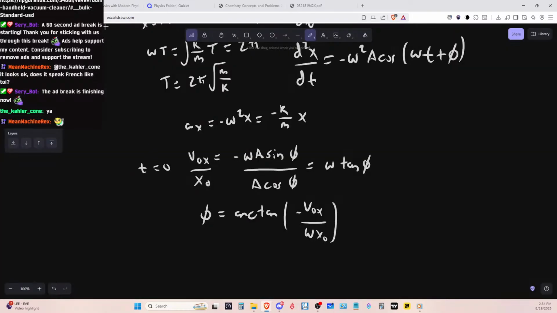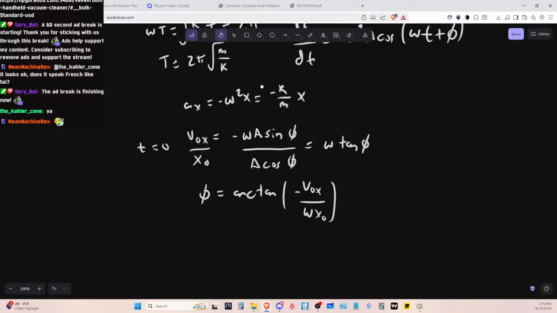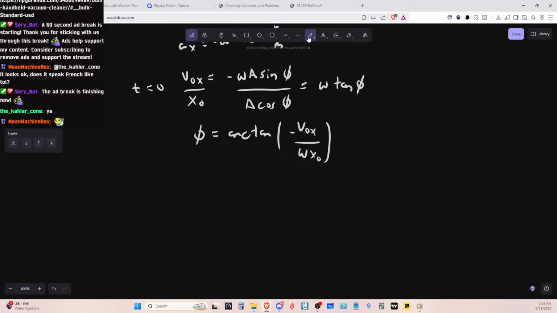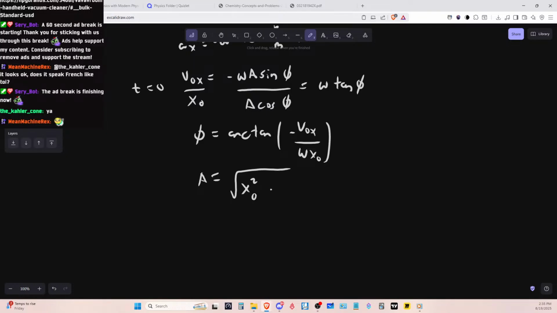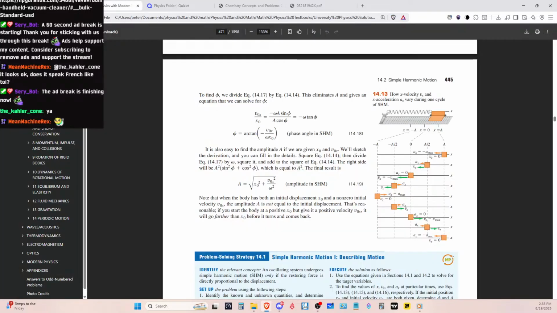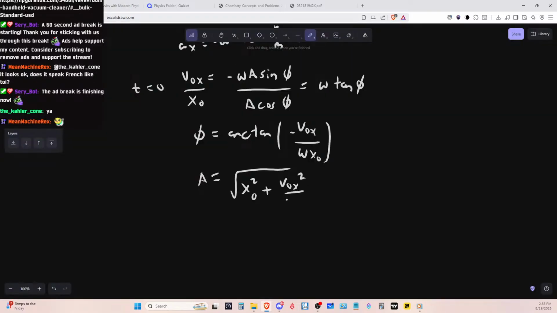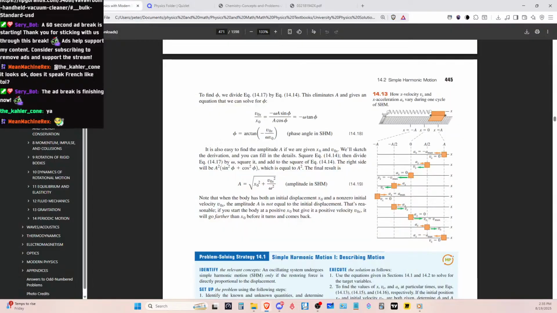So now, if we get the amplitude, it would be A equals the square root of x naught squared plus v naught x over omega squared. Yeah, v naught x over omega squared.